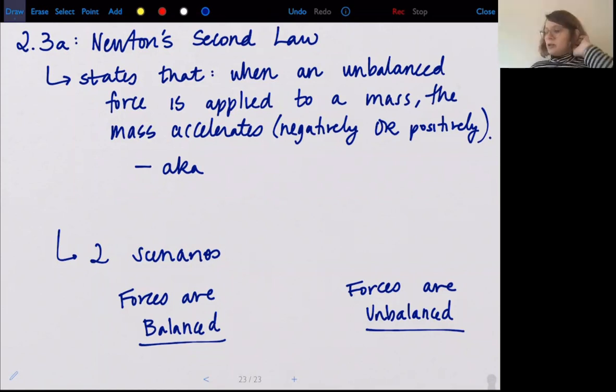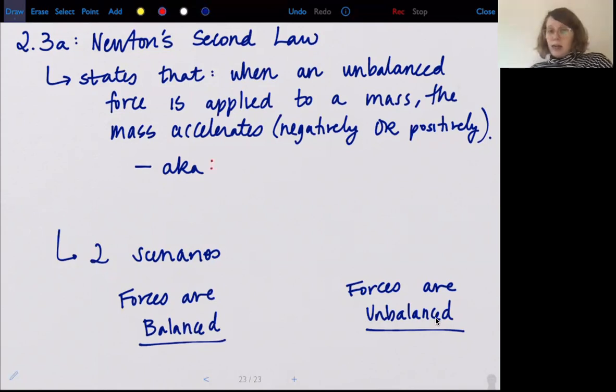Newton's second law states that when an unbalanced force is applied to a mass, the mass accelerates. It can accelerate negatively or positively. Another way of saying this, why I wrote AKA here, is that the acceleration of an object is dependent on two variables. It's dependent on the net force acting on the object and the mass of the object.